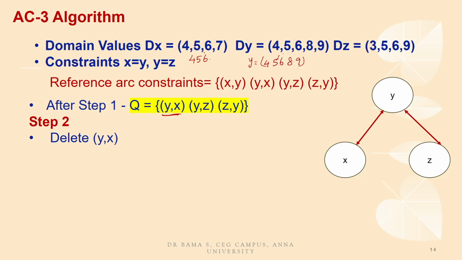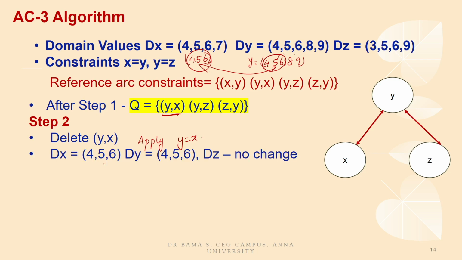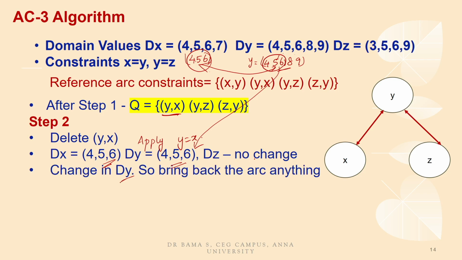When we apply y is equal to x, whatever value in y is equal to x will be taken. So, x is 4, 5, 6 and y is 4, 5, 6. z is no change, which means there is a change in y.